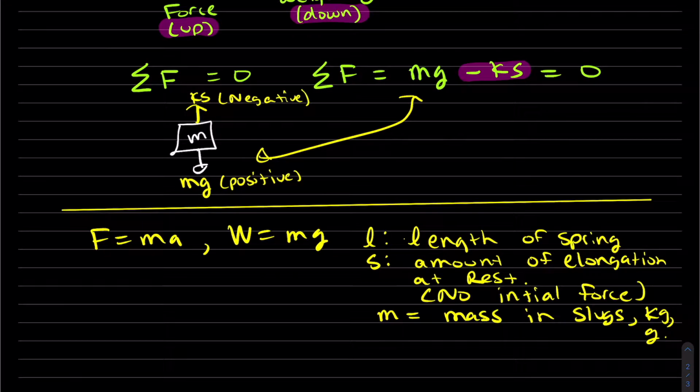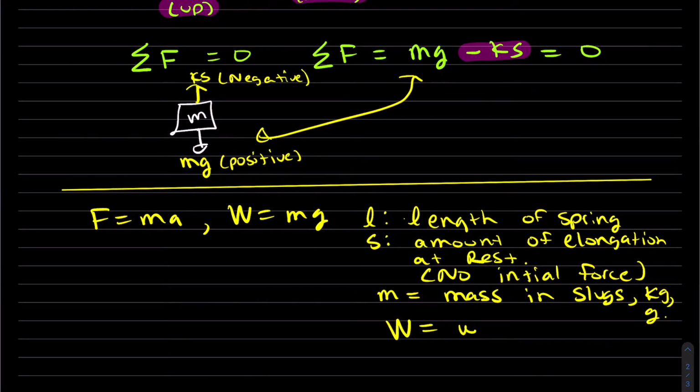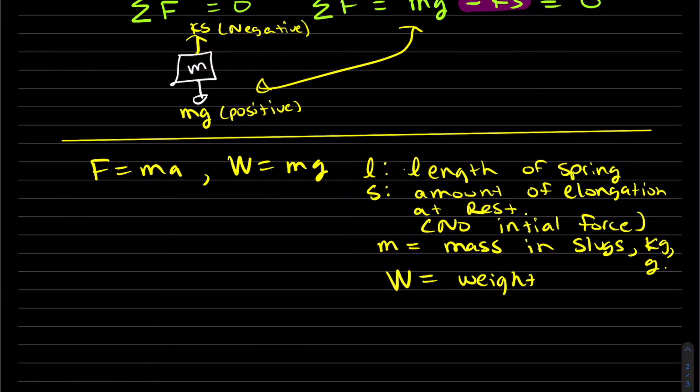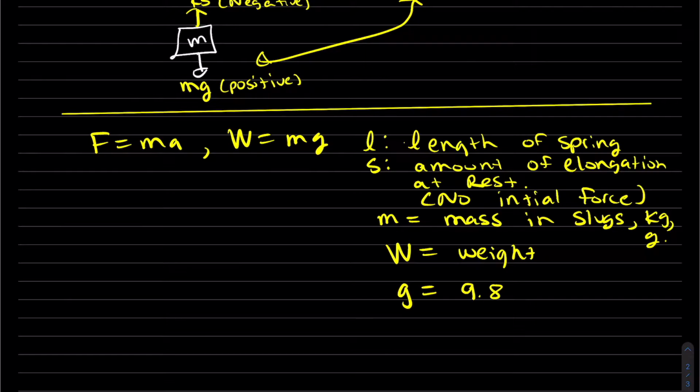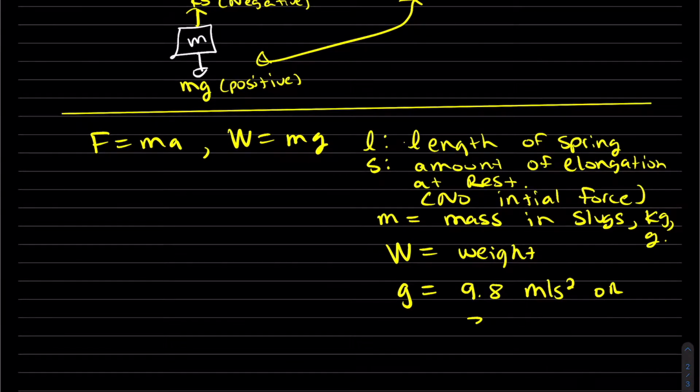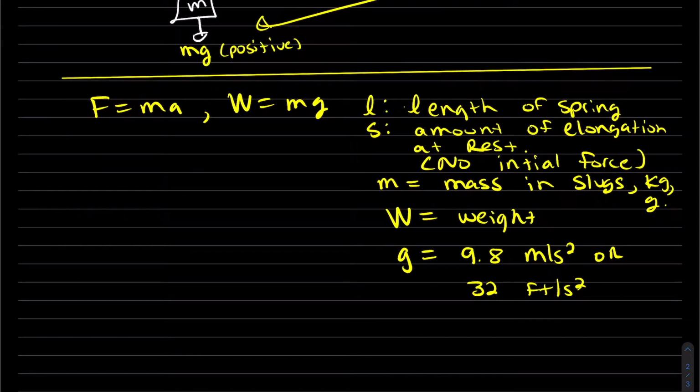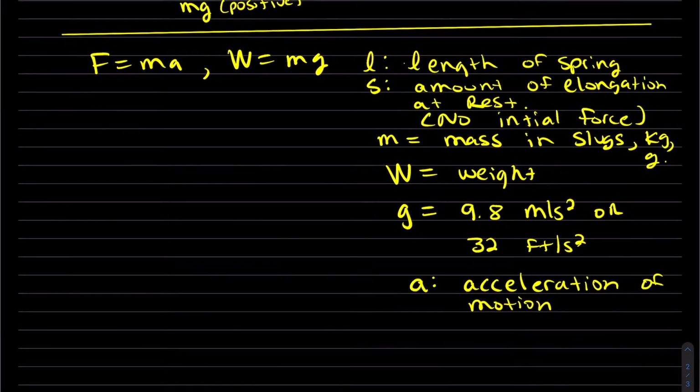W is our weight, and g is our acceleration from free falling, or we can use 32 feet per second squared. And a is our acceleration of motion, which we can also write as d squared x over dt squared.